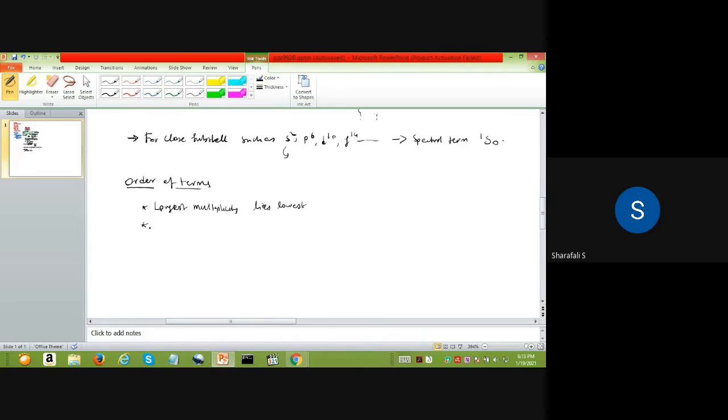And the second point is that if the multiplicity is the same, then the term with the largest L value lies lowest.